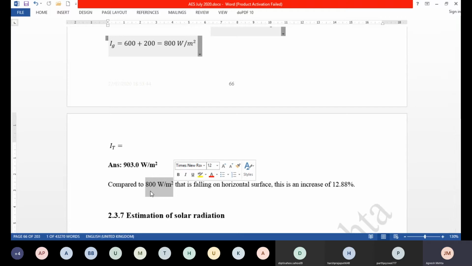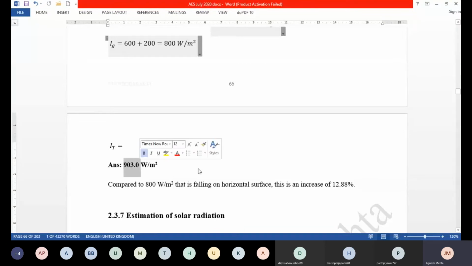When you made the collector inclined at angle beta, you increase the beam radiation availability, you sacrifice a little bit of diffuse radiation availability, and you increased a very small, negligible amount of reflected radiation, and finally you got 903 watt per meter square on that inclined collector. So in place of 800, now 903 is available. That is obviously you are getting higher total radiation on that inclined surface. So that's an increase of around 13%.